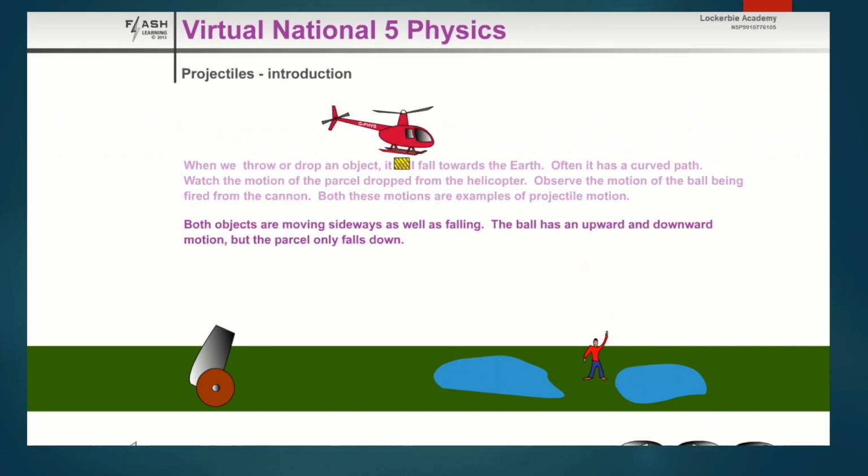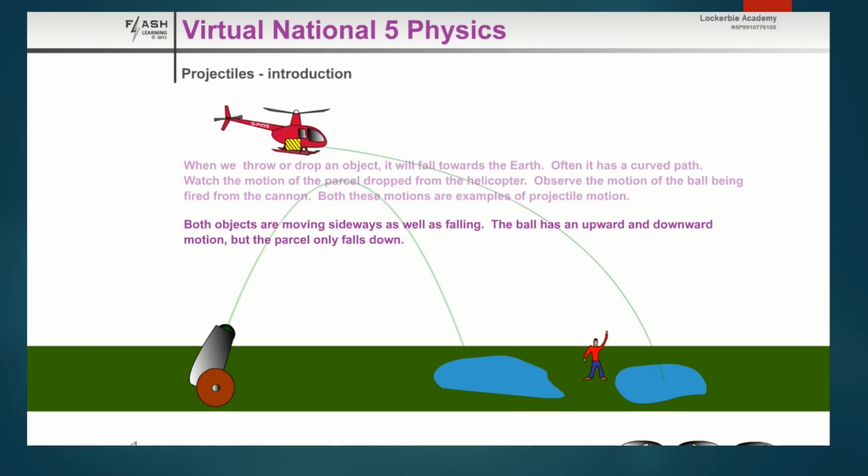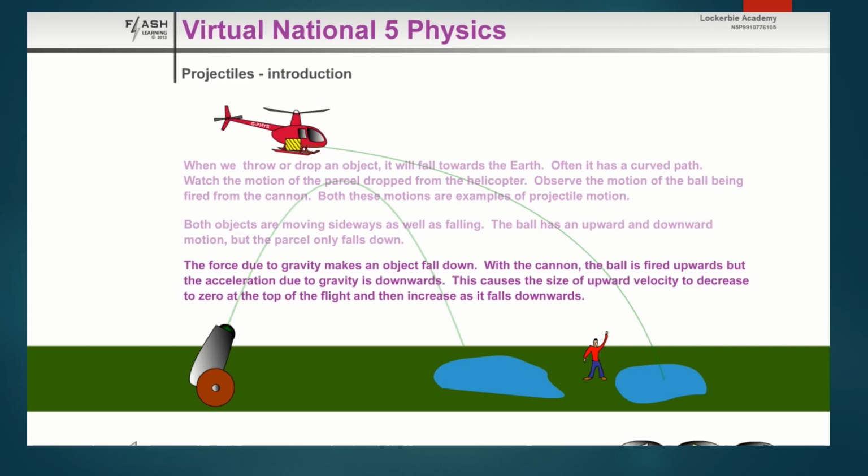Both objects are moving sideways as well as falling. The ball has an upward and downward motion, but the parcel only falls down. The force due to gravity makes an object fall down. With the cannon, the ball is fired upwards, but the acceleration due to gravity is downwards.